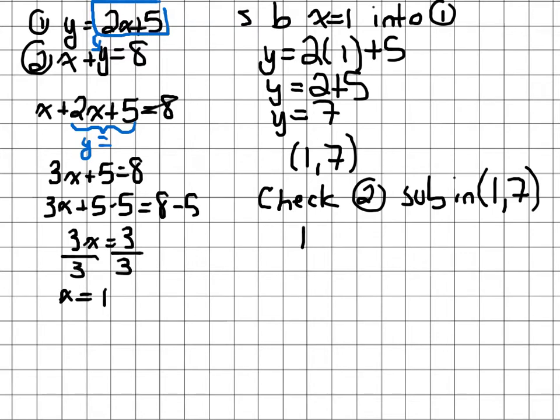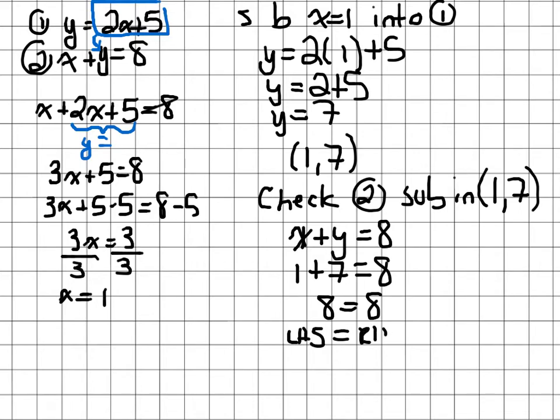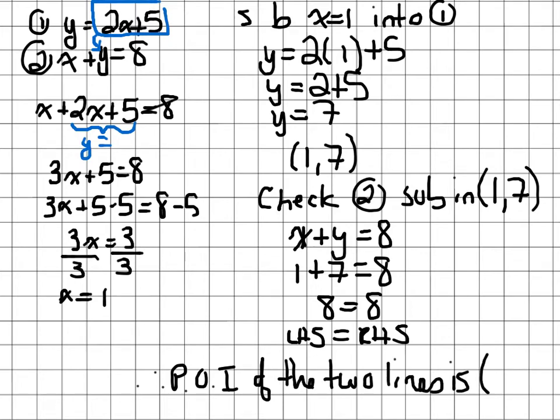So I have x plus y equals 8, 1 plus 7 equals 8, 8 equals 8. My left-hand side equals my right-hand side. So now I know that the point of intersection of the two lines is (1, 7). So (1, 7) satisfies both equations.